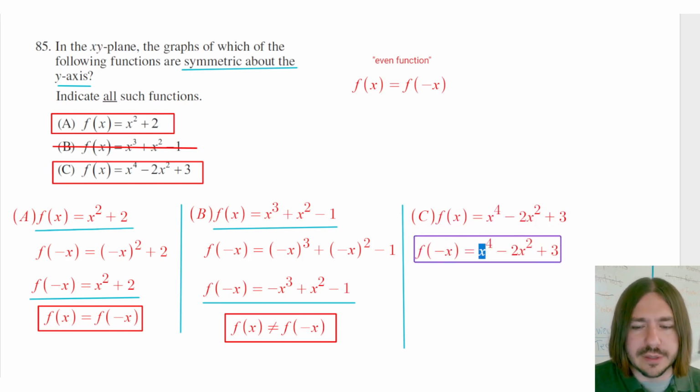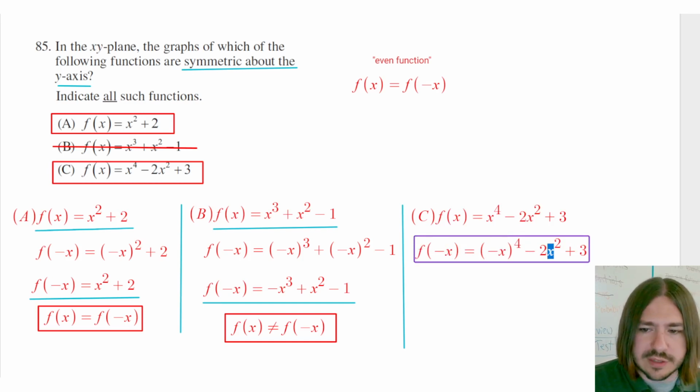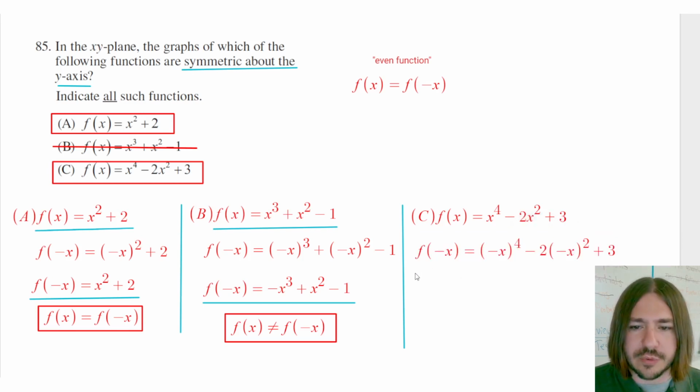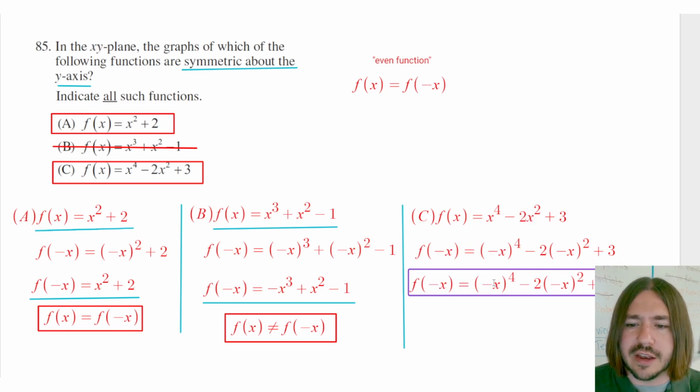But anyway, if I plug in negative x here, we can see both of these x's have an even exponent. So that means that when I multiply a negative number times itself an even number of times, it's going to end up being positive.